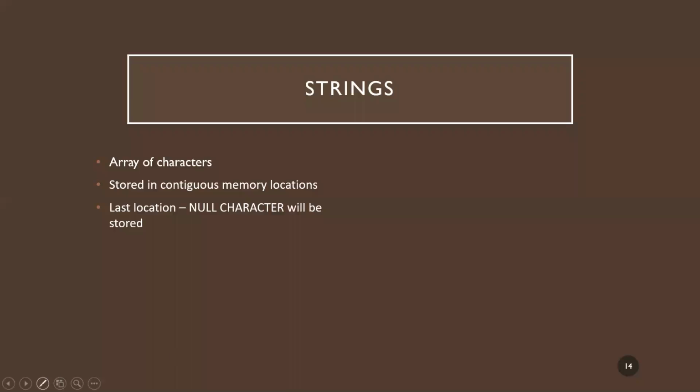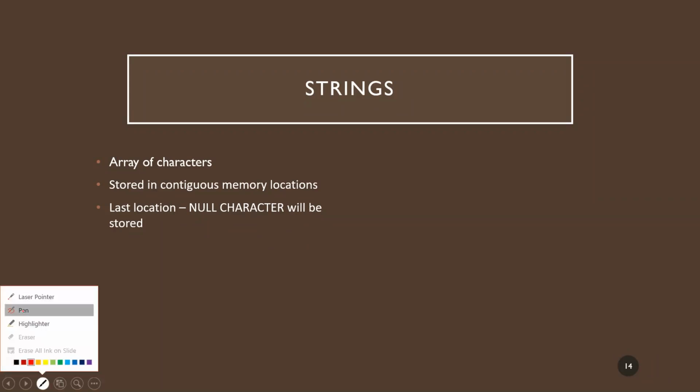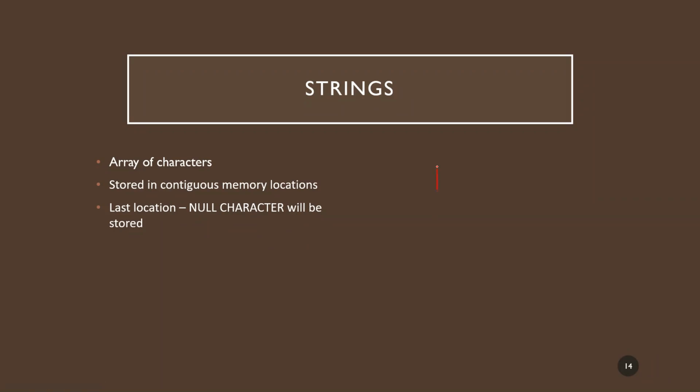So we should remember that when we have allocated, say, three memory locations to a string, the maximum number of characters you can store is two characters, because the last character will be a null.